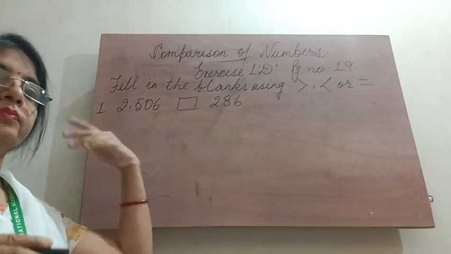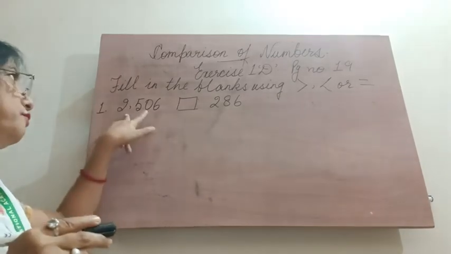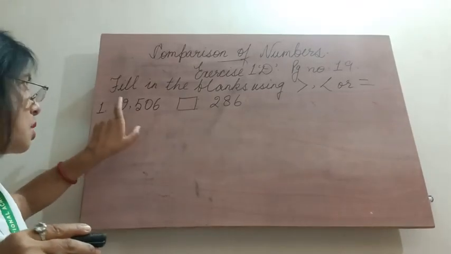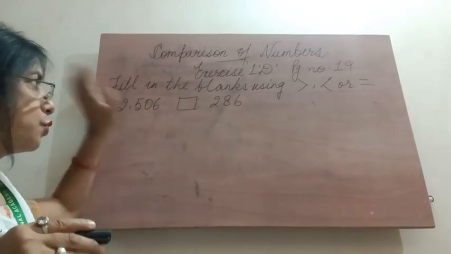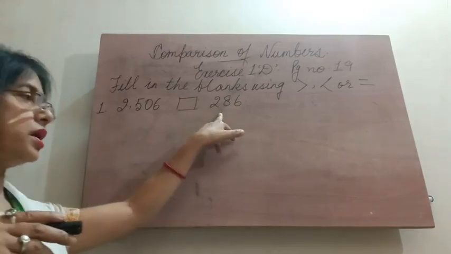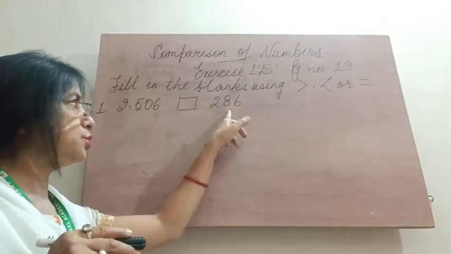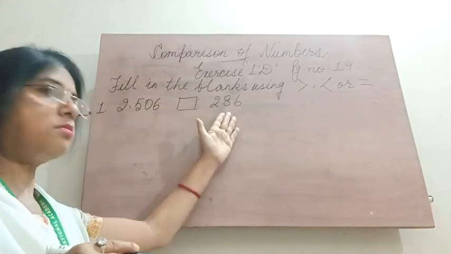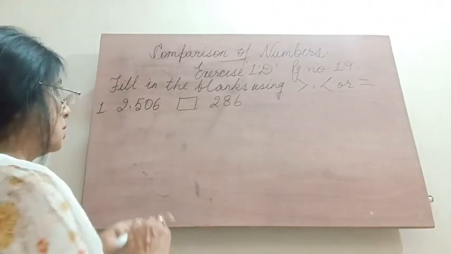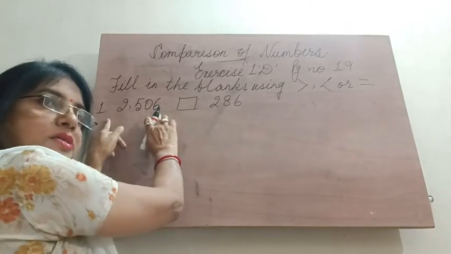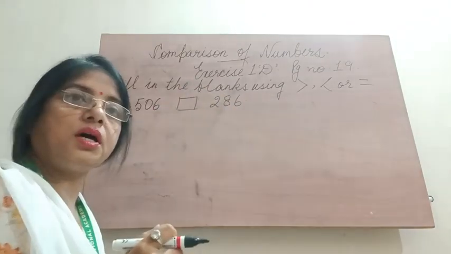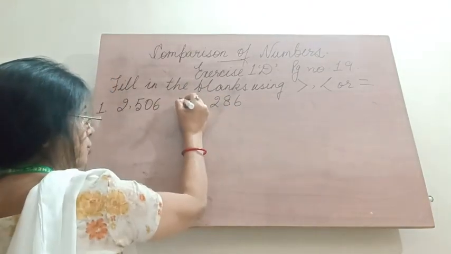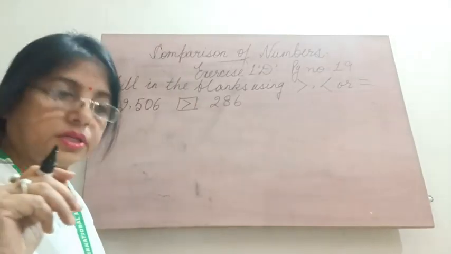We have to count the digits. In the first number you have 4 digits, 1, 2, 3, 4. And in the second number you have 3 digits, 1, 2, 3. Which one is greater? Obviously the number which has 4 digits is greater than the number which has 3 digits. Clear to you? So we are going to give the greater sign.